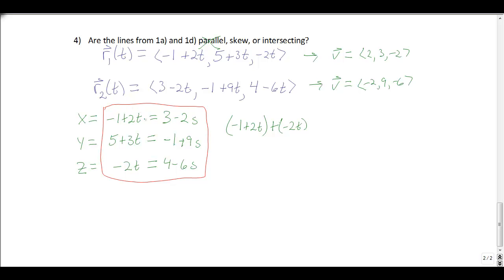The left-hand side plus the left-hand side should equal the right-hand side, 3 minus 2s, plus the right-hand side down here, which is 4 minus 6s. And that gives me negative 1, the 2t and the negative 2t cancel. That's what I noticed was going to happen. 3 plus 4 is 7, minus 8s.